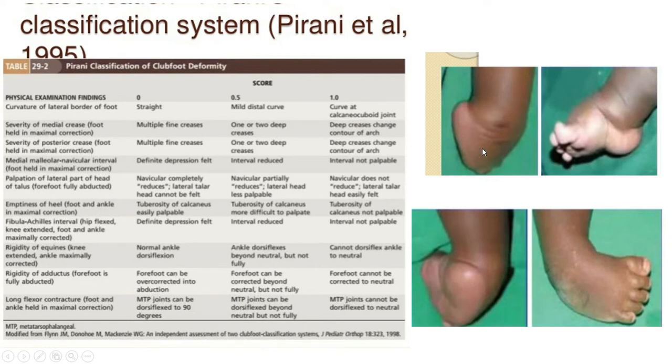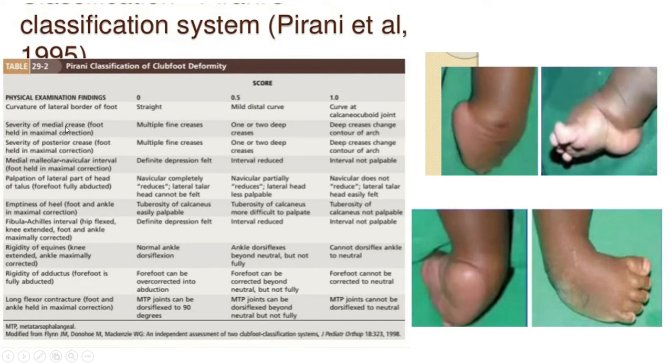If the score is less, then the deformity is less. Among all 10 points, only 1 point is checked without any correction, that is the lateral ridge, or lateral border of the foot. This lateral border of the foot has to be checked without touching the foot or any attempt at correction.